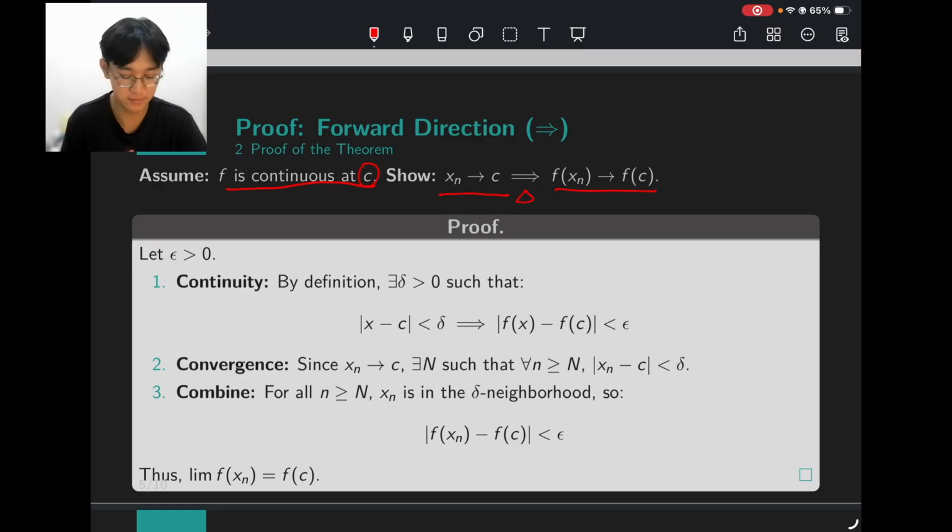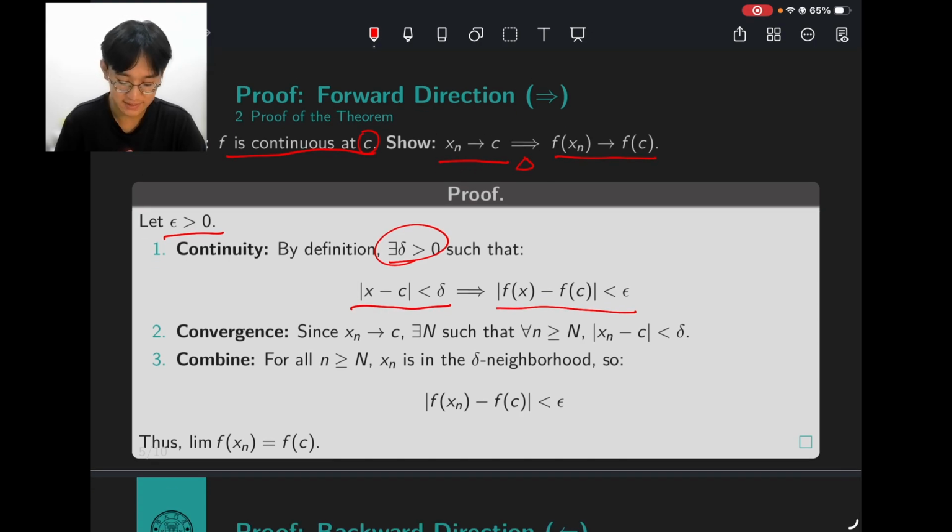So we let epsilon bigger than 0, and by the epsilon delta definition, continuity implies there exists a delta bigger than 0 such that |x - c| < delta implies |f(x) - f(c)| < epsilon.